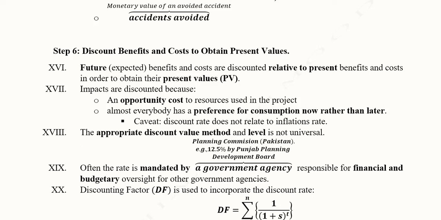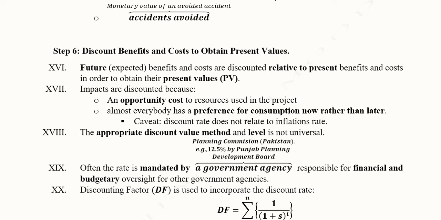Now coming back to the descriptive part, it is the time preference, and also there is opportunity cost that is faced when we use these resources in a certain project. We are foregoing some other opportunity, due to which there is a cost, and we should try to incorporate that cost in the analysis of this project, due to which there has to be discounting.